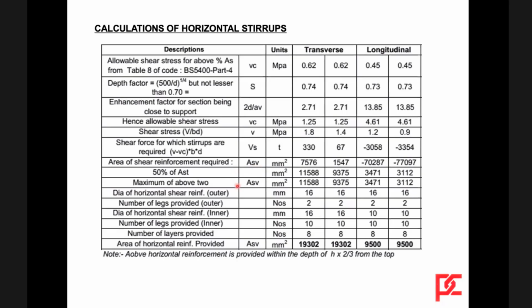Using this clause also, we have arrived at the required vertical shear reinforcement as this. And then 16 mm shear reinforcement is used. And then the area is calculated. And then horizontal stirrup reinforcement is to be provided within the top 2/3 of the corbel. That is also done.